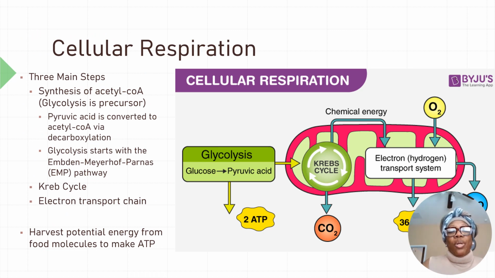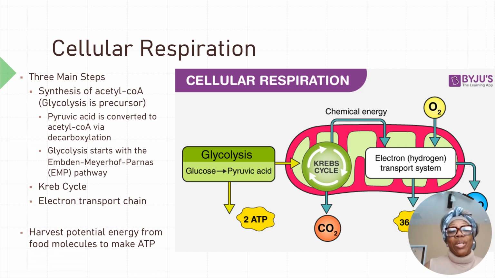So, looking a little more closely at this cellular respiration process that takes place within the mitochondria of our cells, depending on the text that you use, some texts will say that cellular respiration starts with glycolysis. Your text says that cellular respiration starts with the synthesis of acetyl-CoA. But in order for us to get to acetyl-CoA, first that glucose has to be broken down.